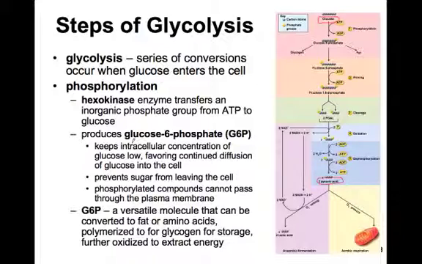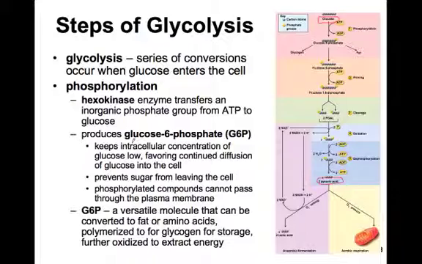There are a couple of exceptions though, in cells that have to be able to release free glucose into the blood, such as the absorptive cells of the small intestine, the proximal convoluted tubule cells of the kidney, and liver cells. But for the most part, cells cannot go backwards on this step. Glucose 6-phosphate is a very versatile molecule.